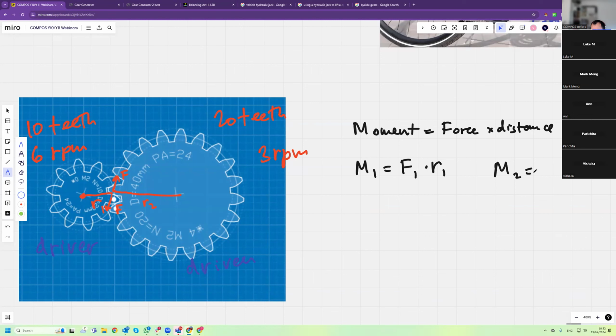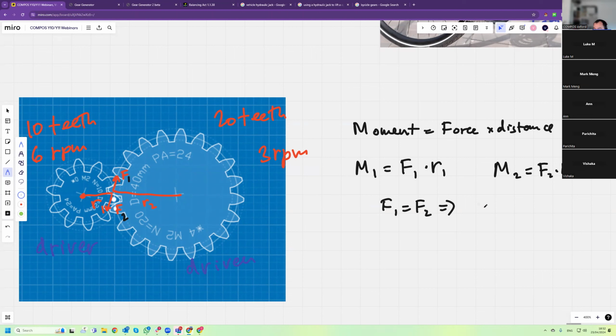And the moment of the force on the second gear is F2 multiplied by R2. And because we know that F1 is equal to F2 because there's a contact. It's a contact force. Newton's third law tells us it's the same force. If one gear is pushing with a force F1, the other one is pushing with an equal but opposite force.